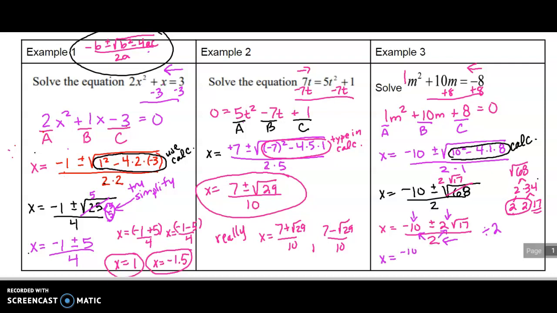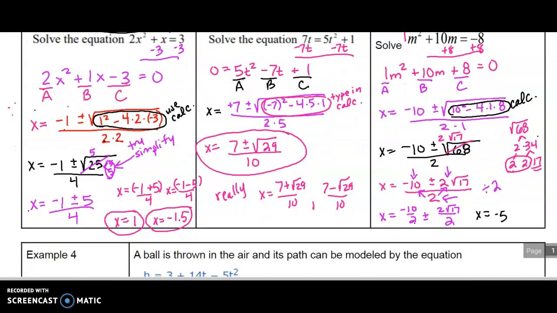So I've got negative 10 over 2 plus or minus 2 root 17 over 2. Okay, so you can do it that way as well. And so we can simplify that fraction. We get x equals, that would be negative 5 plus or minus, and then the 2's cancel, so root 17. We want to leave the root though, because remember that's exact.